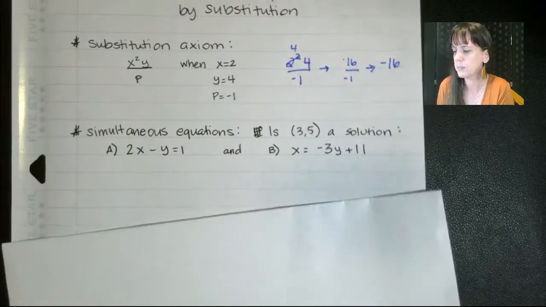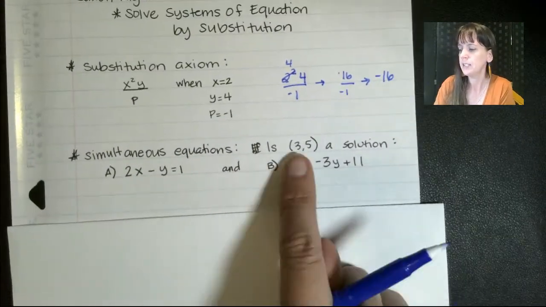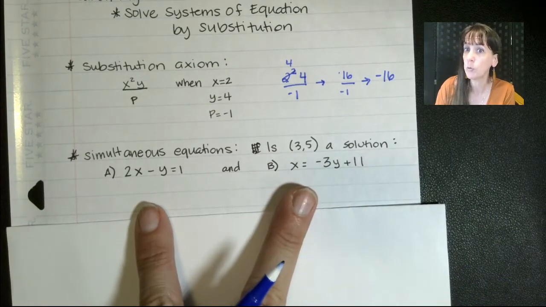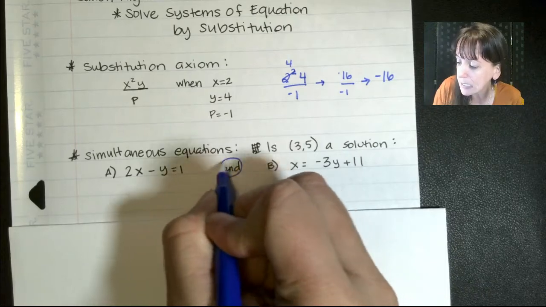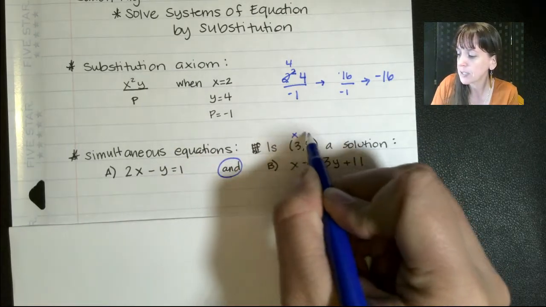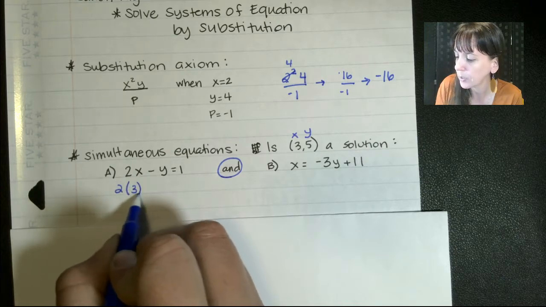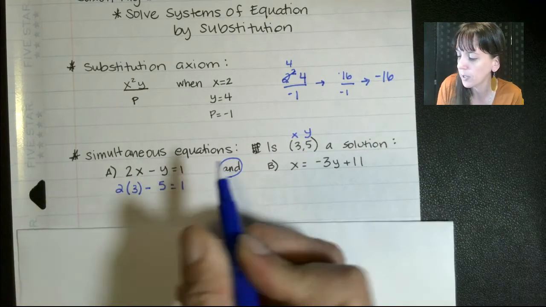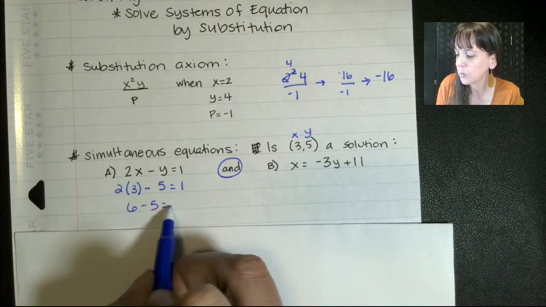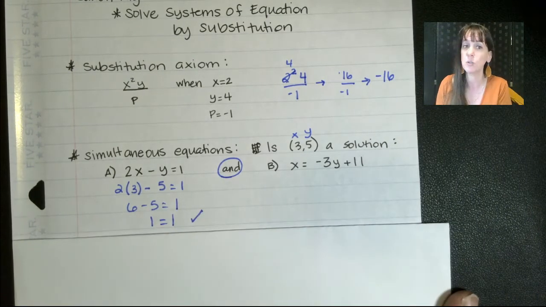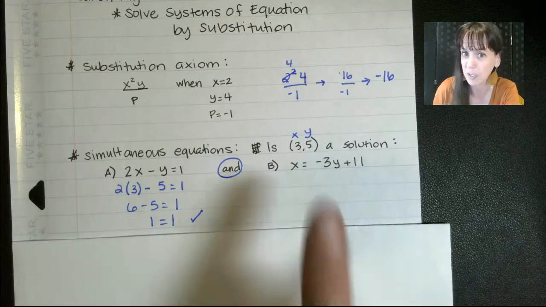All right, so substitution. Is (3, 5) a solution for this equation for both of them? Notice the word and means. So remember, this is an x and this is a y. So we do 2 times 3 minus 5 equals 1. 6 minus 5 equals 1. 1 equals 1. Yes, that is a solution, but it is not a solution for both of them because we don't know yet.